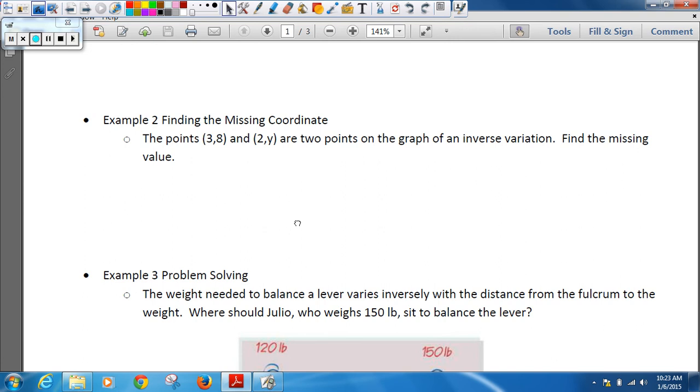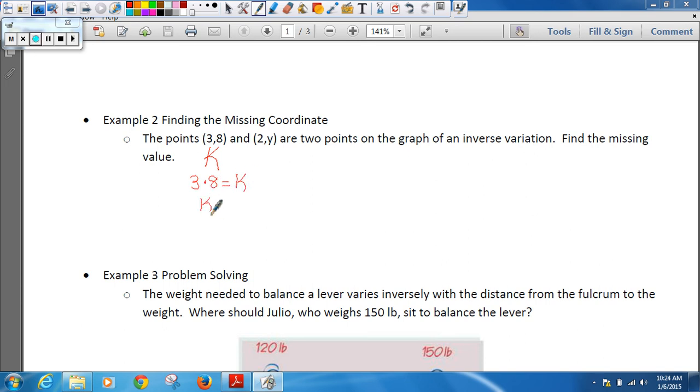Example number 2 then is finding the missing coordinate. The points (3, 8) and (2, y) are 2 points on the graph of an inverse variation. Find the missing value. Well, remember that if it varies inversely, k has to be the same for both of them. In our first one, our x and y is 3 and 8. So our k, because it's inverse variation, would be 3 times 8.